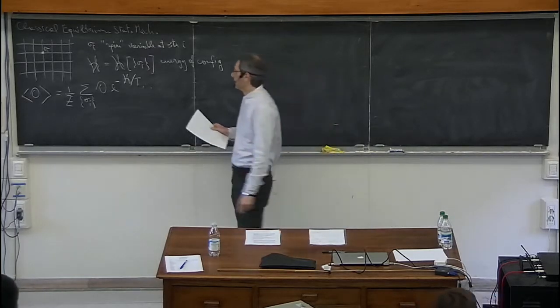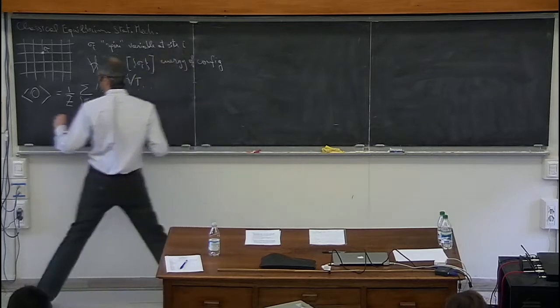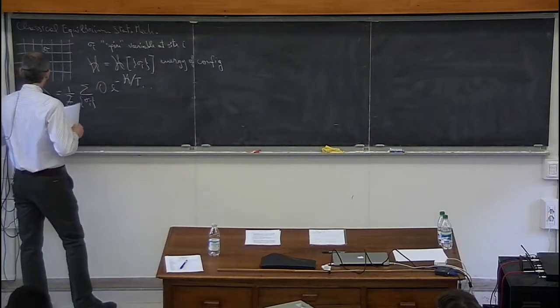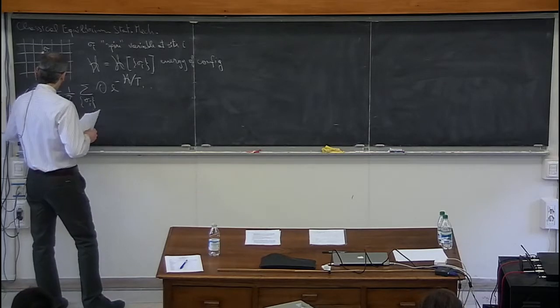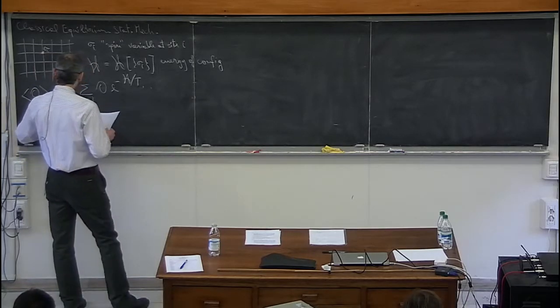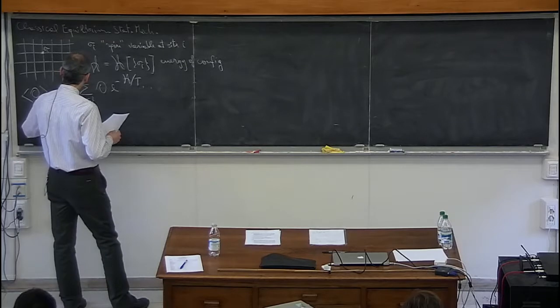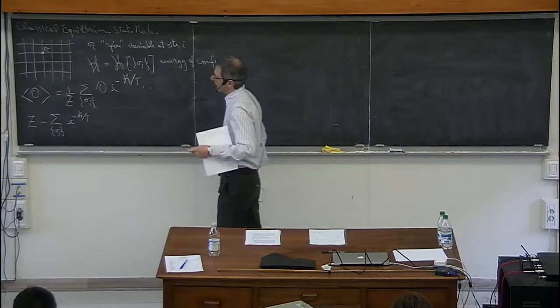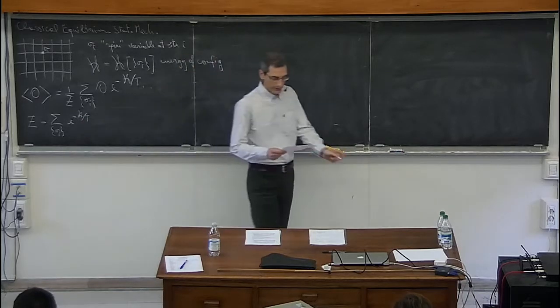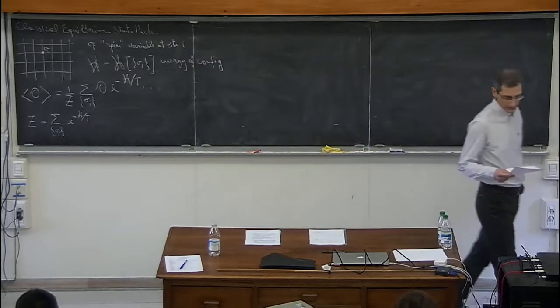And Z, of course, is the partition function, which is the sum over configurations of the weights. So it's a normalizing factor, ensuring that the average of the identity is 1.